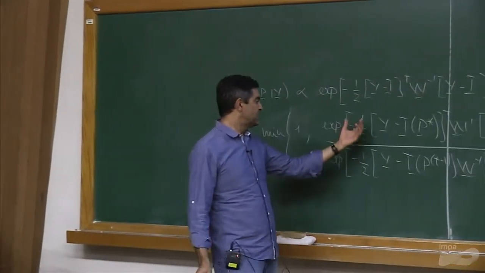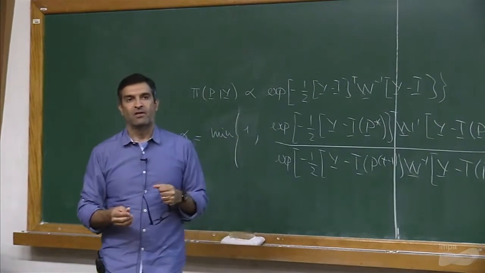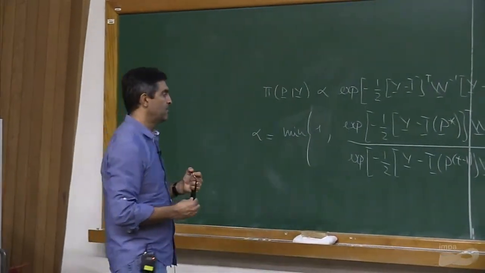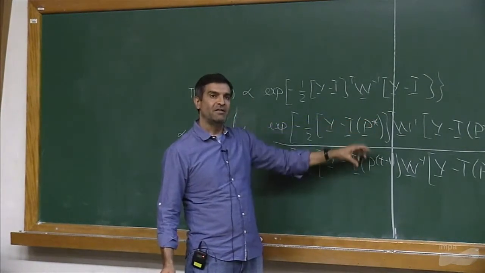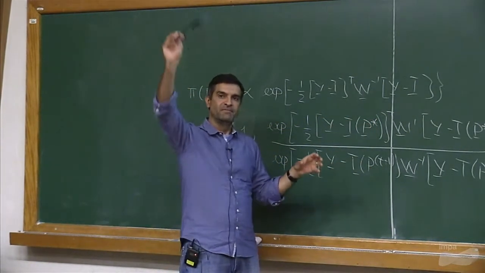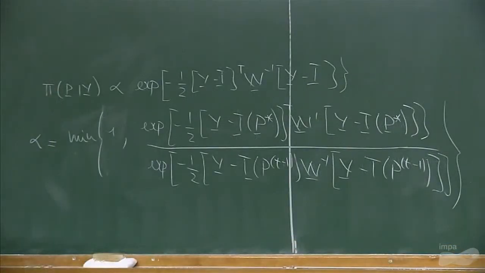But if you are moving in a direction where the posterior decreases, you might have a positive value and a positive exponential that will blow up very fast and very easily. That's the difficulty. It's a numerical difficulty, not anything related to mathematics.